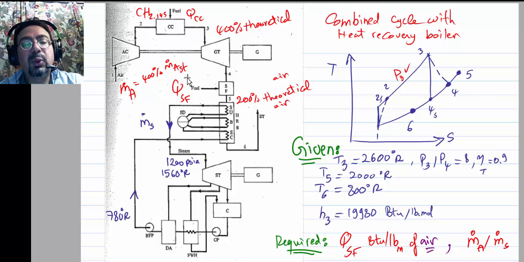So what I'm saying is that if you're gonna get H5 and H6 just based on their temperature and multiplying by a Cp of air, that is fine in the final exam, definitely, right? But in this example, he's gonna use tables to calculate the Cp based on that temperature and based on whether it is air or air with product.